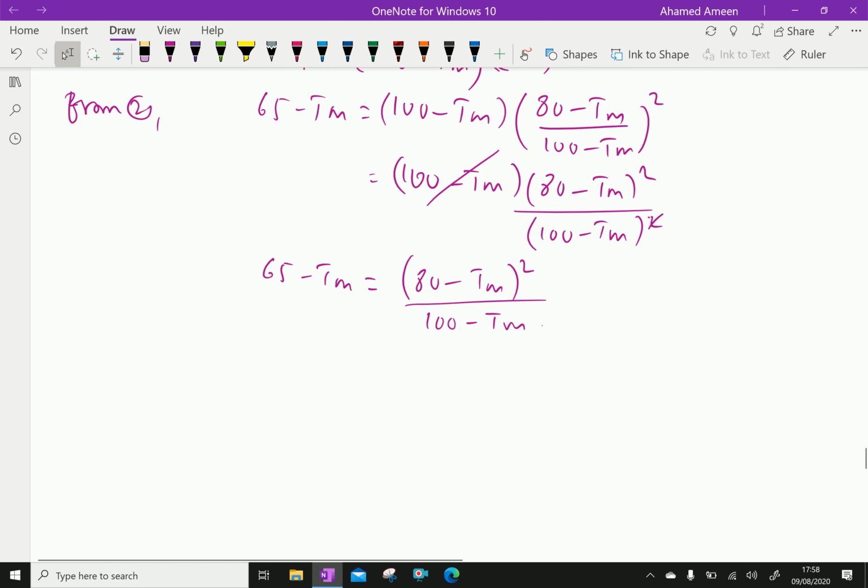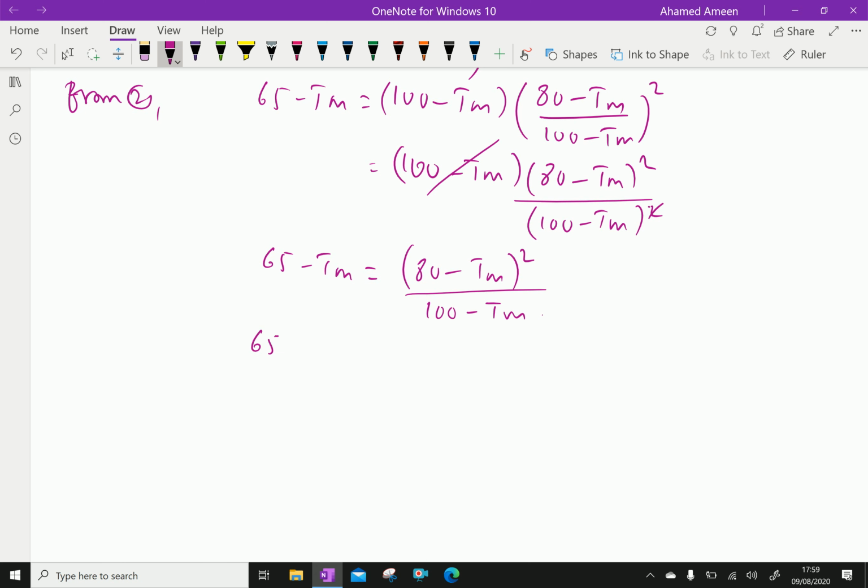By cross multiplying, 65 minus Tm into 100 minus Tm equal 80 minus Tm the square.